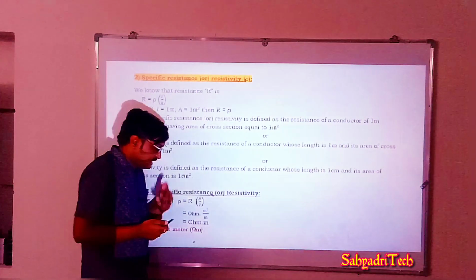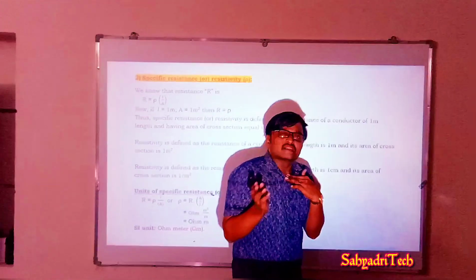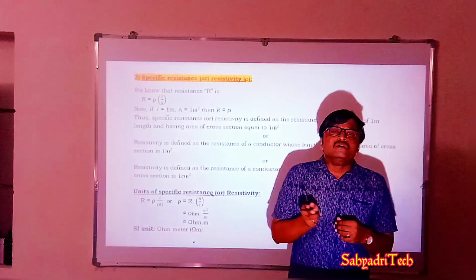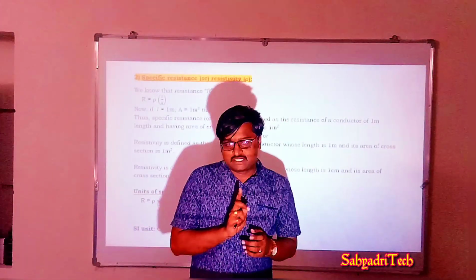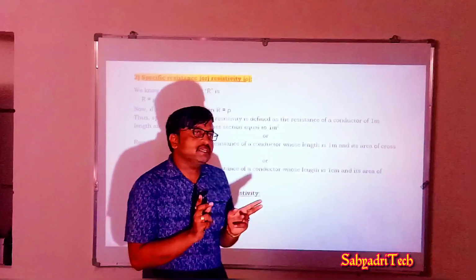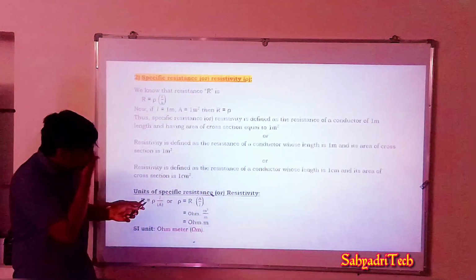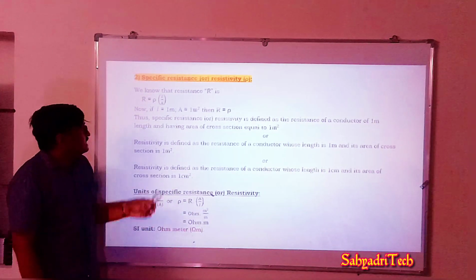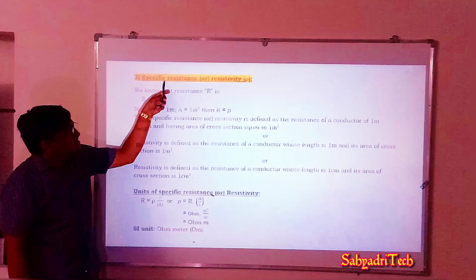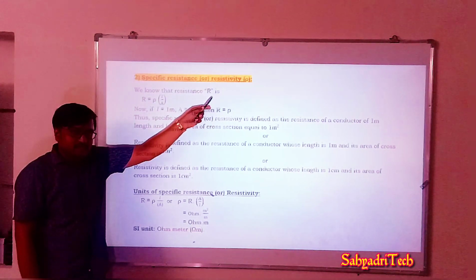Generally, resistivity is the resistance of a conductor having unit length and unit area of cross section. Both must be unit, so that we get rho is equal to R. Well, it's regarding the definition of specific resistance, or resistivity.